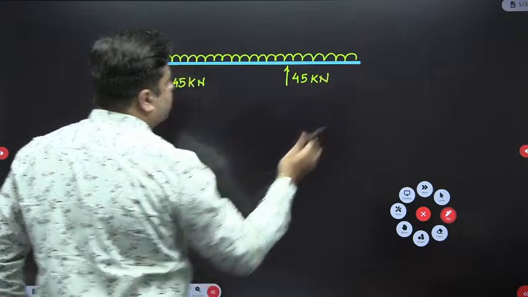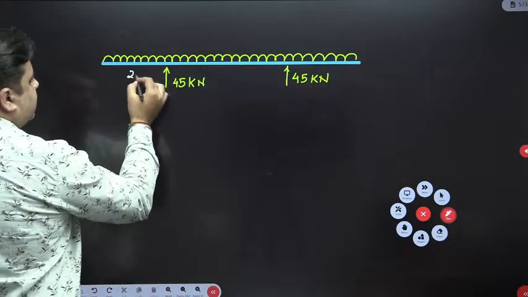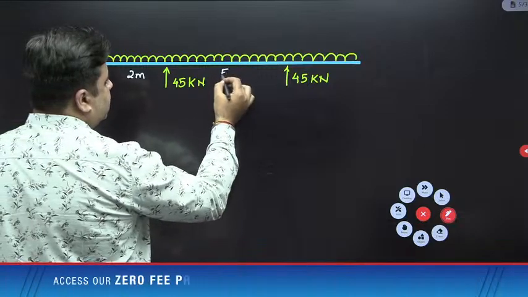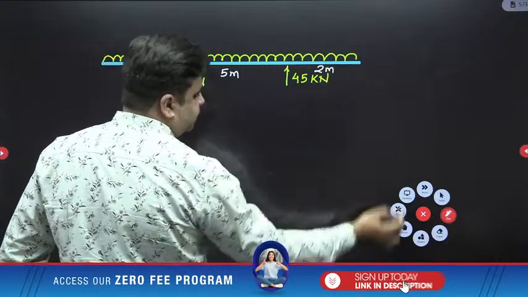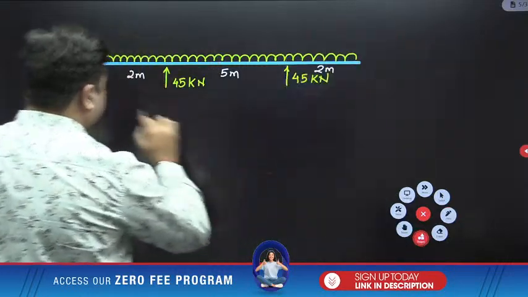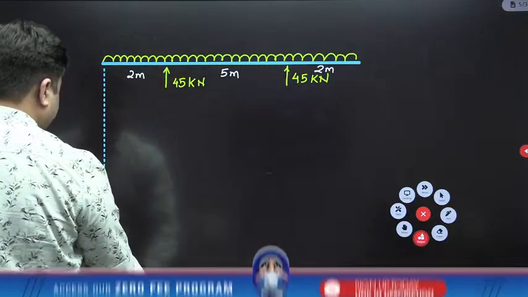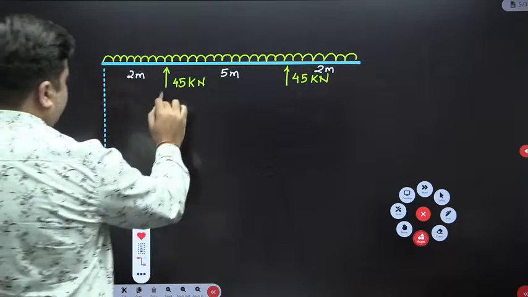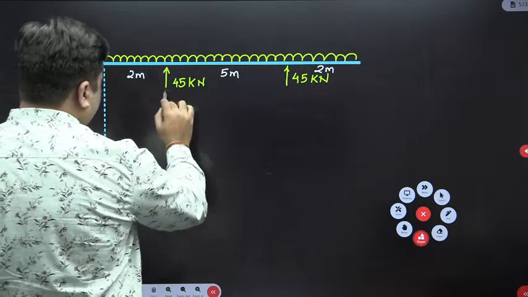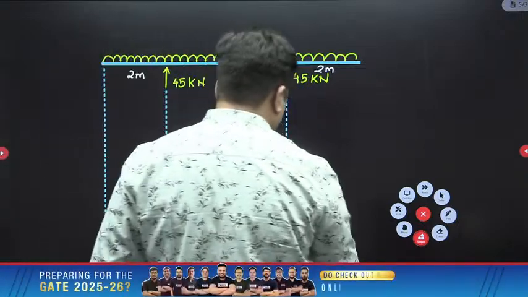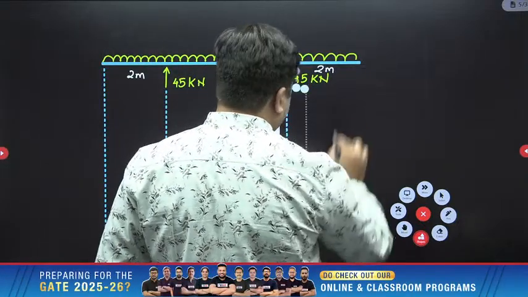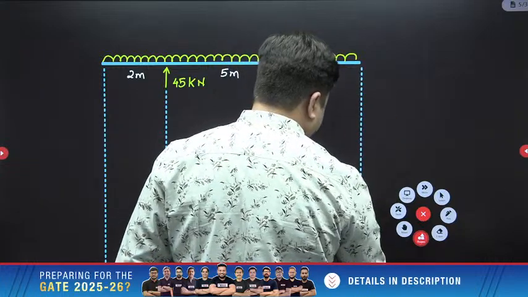This length is 2 meter, this length is 5 meter, and this length is again 2 meter. Please draw the shear force diagram. I told you, wherever UDL is acting, you have to move linearly downwards or upwards. Right now UDL is acting downwards, so you need to move linearly downwards in the shear force diagram.